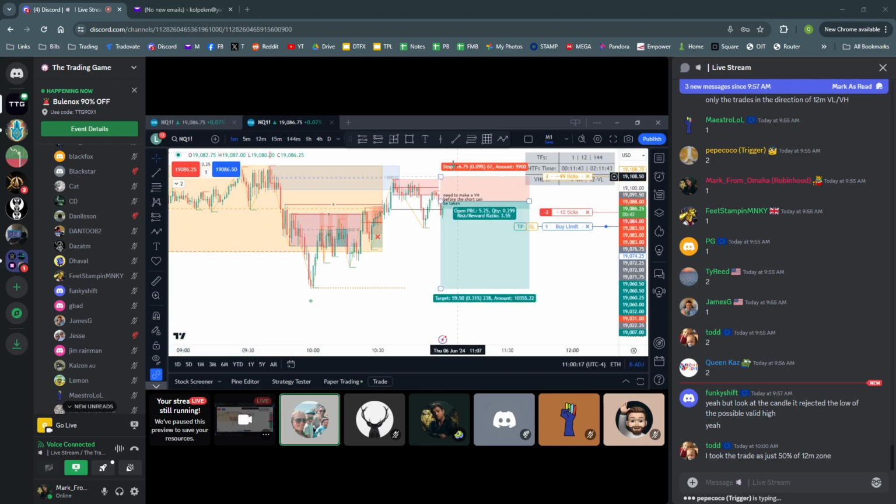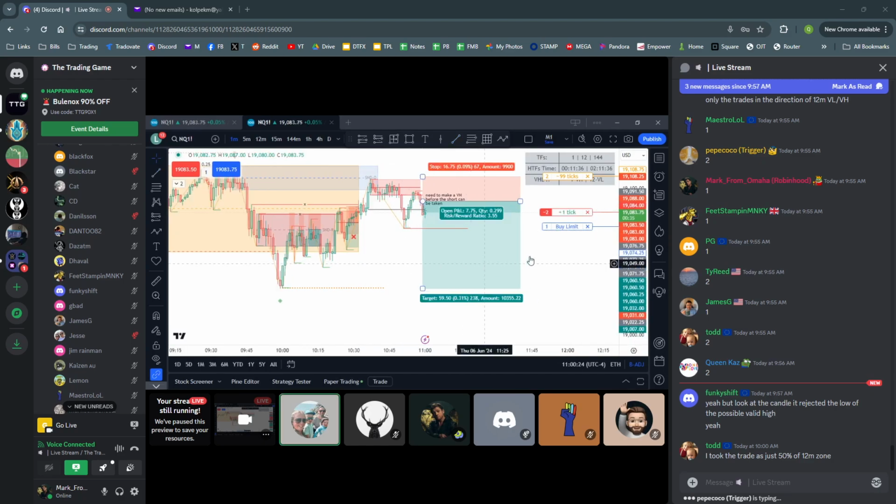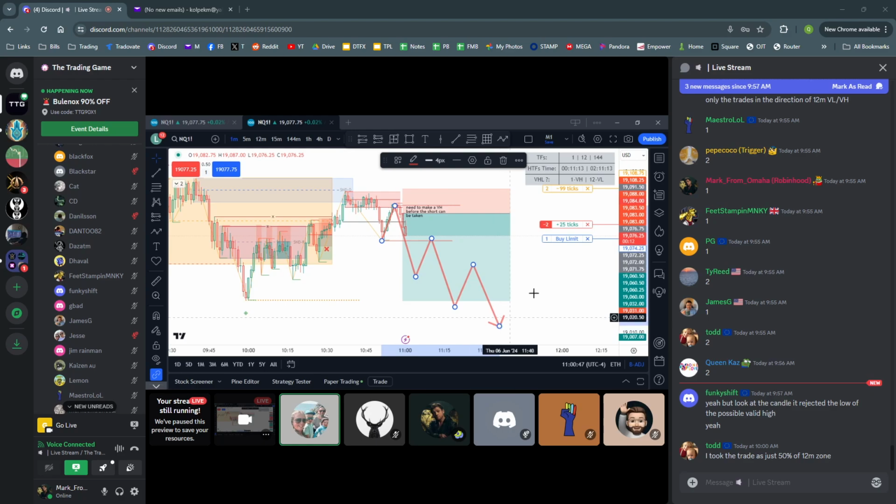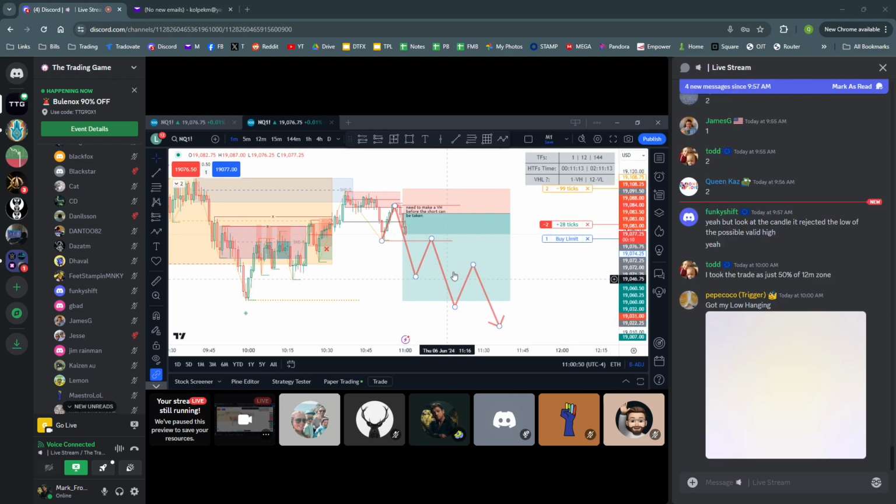If we take this low, the proper way that Pack taught us to trail our position, we take this low, our next zone, we would trail our stop here. And then every zone we make after that, we just keep trailing to the next zone. Got it.